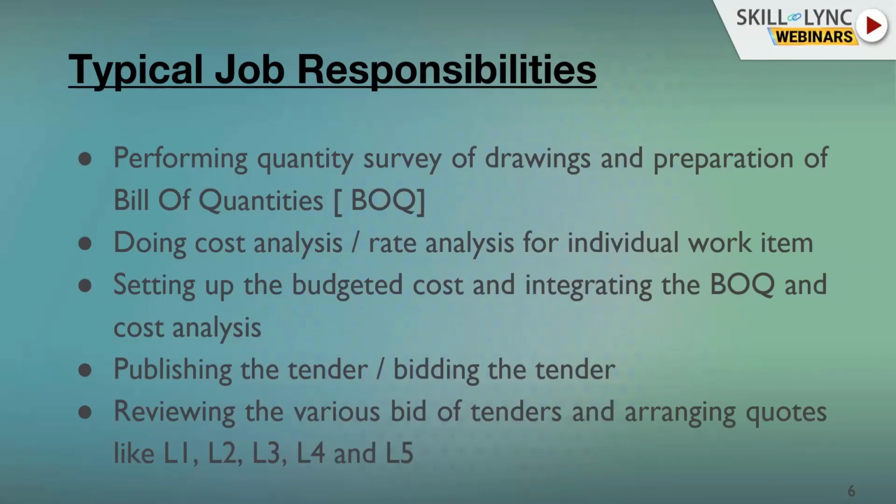Initially we have to do the quantity surveying of the drawings, work out the quantities, set up the budget accordingly, then issue the tenders to the various contractors. When we receive the bids, we have to arrange them in a systematic way, by who is the lowest: L1, L2, L3, L4, L5.